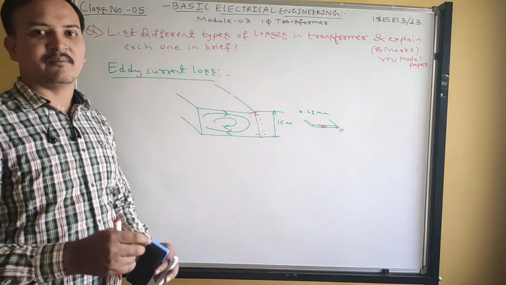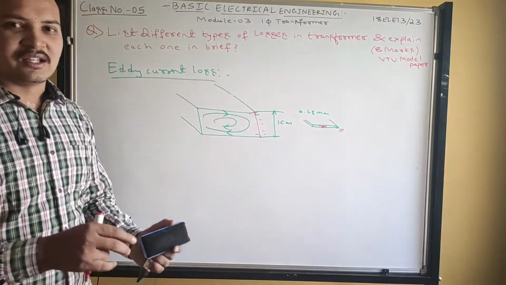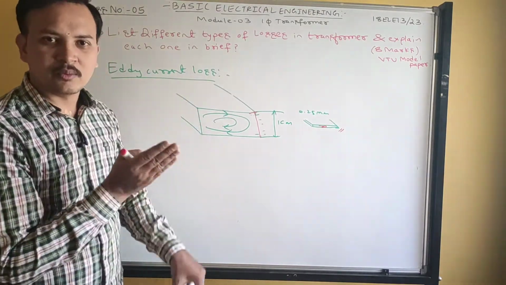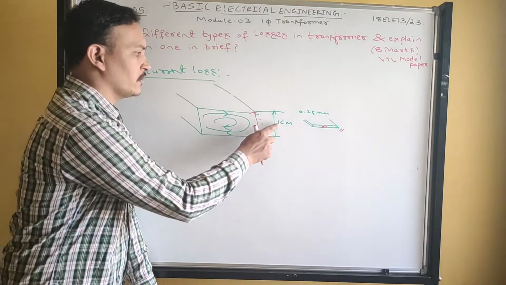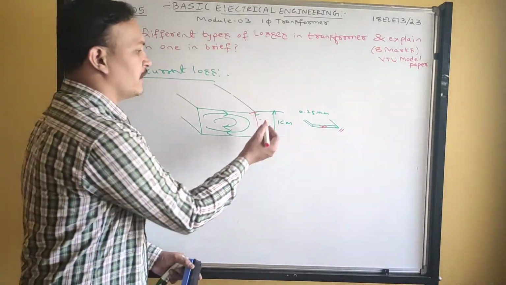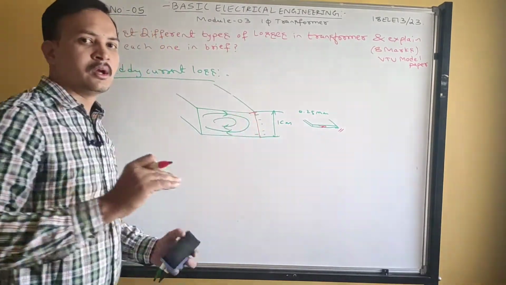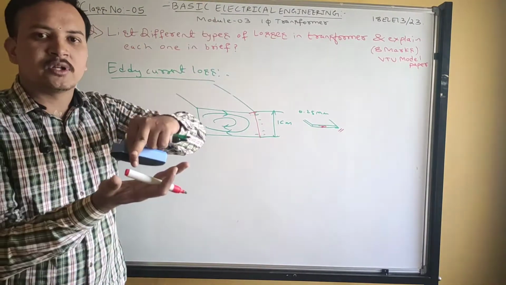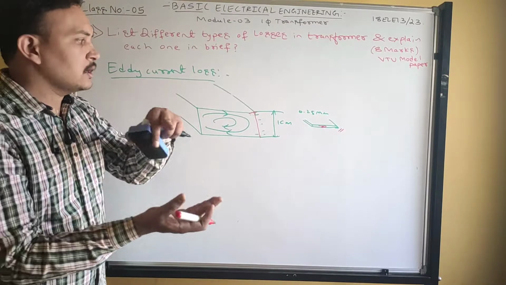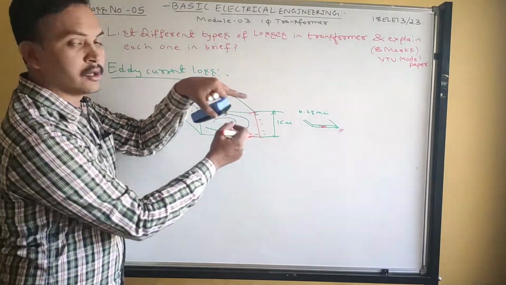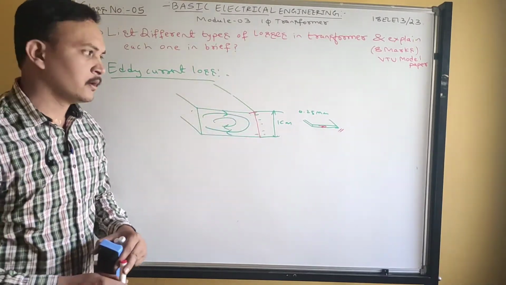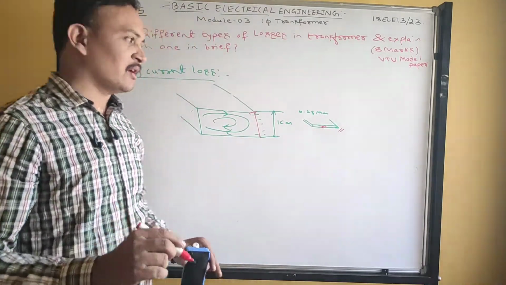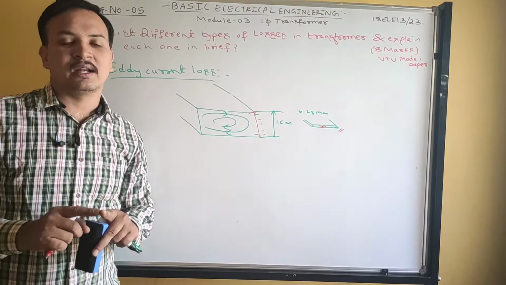Instead of a thick 1 centimeter iron core, divide that 1 centimeter solid core into several laminations, join all the laminations and stamp them together, and you will get the required size of the transformer core.